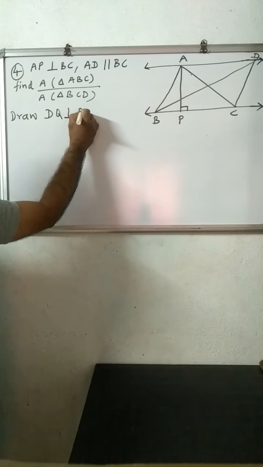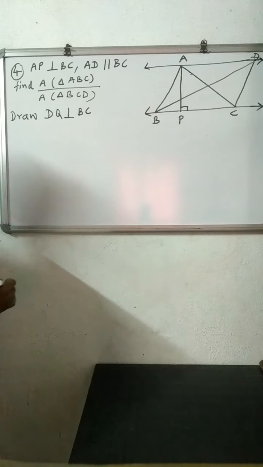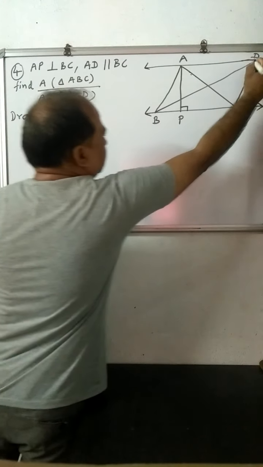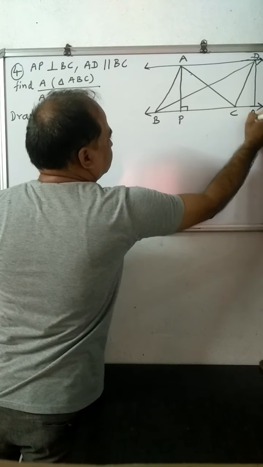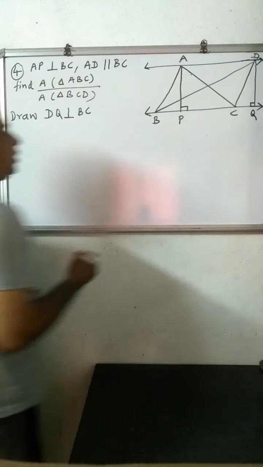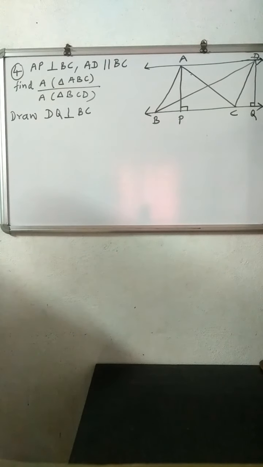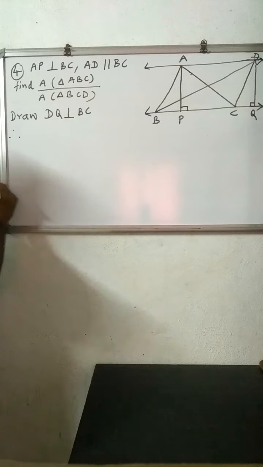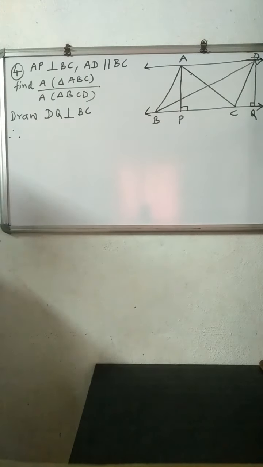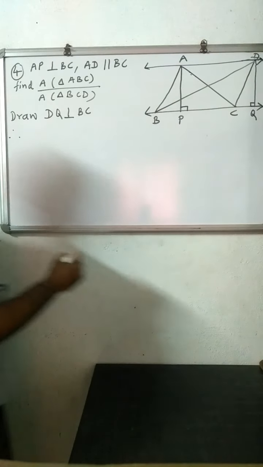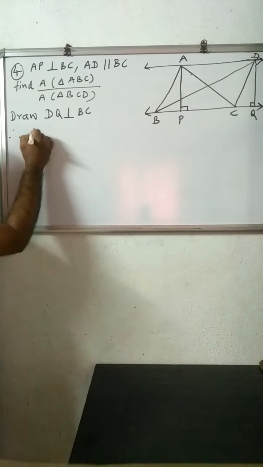Draw DQ perpendicular to BC. Therefore, the length of perpendicular between two parallel lines are same. These are two parallel lines. So this AP and DQ are two perpendiculars. These are equal.